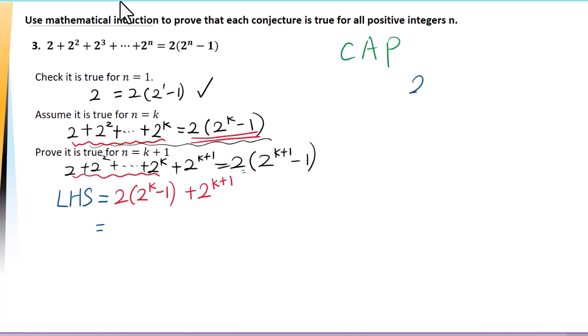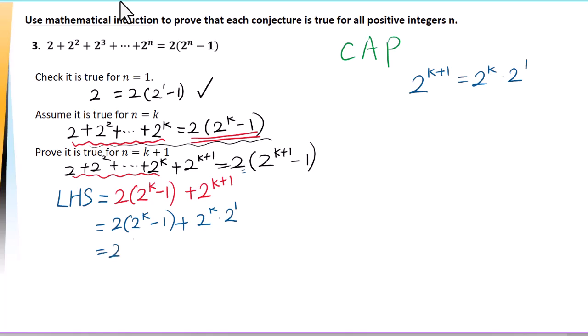We do know 2 to the power of k plus 1 equals 2 to the kth power times 2 to the first power. In this way, we can create 2 as a common factor.